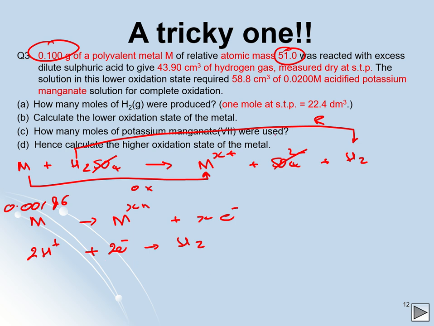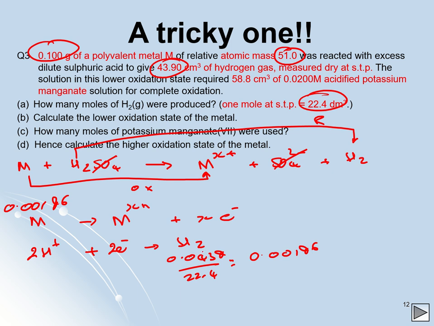The moles of the hydrogen gas we can work out because it gives us the volume of gas made and the molar volume. The volume of hydrogen gas is 43.9 cm cubed, so that's 0.0439 decimeters cubed divided by 22.4, and that comes out at 0.00196.